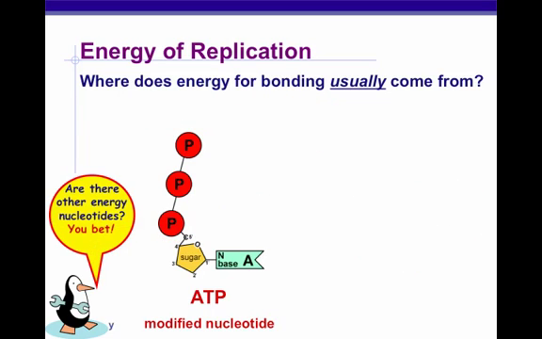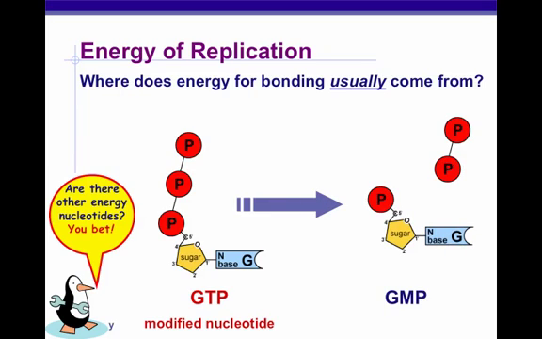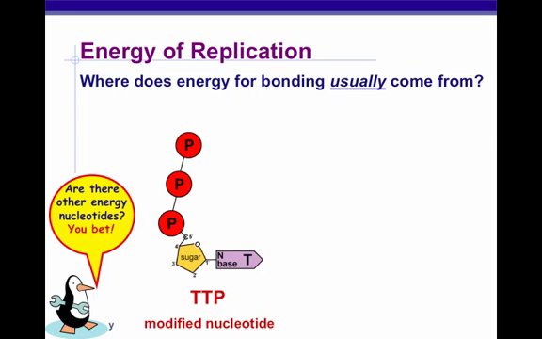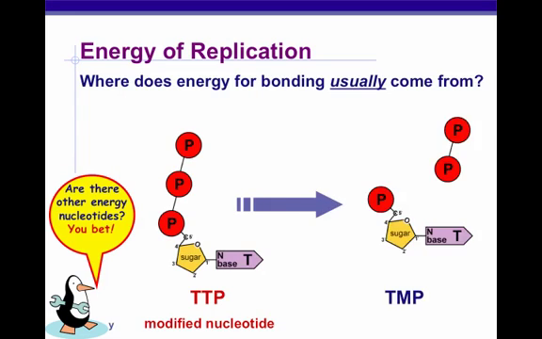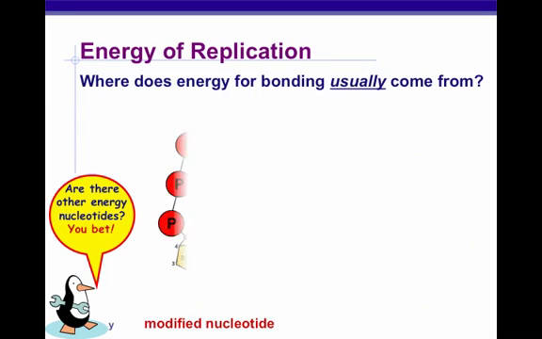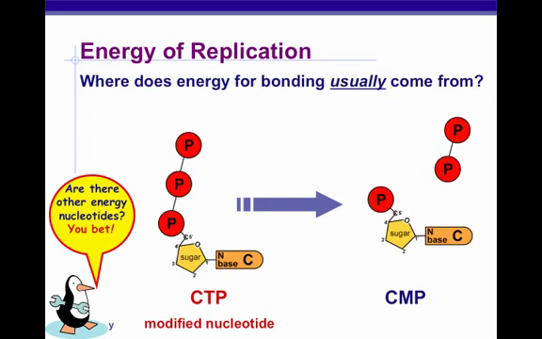So, does this mean that there are other energy nucleotides? Of course. Here's GTP, guanine triphosphate, which is converted into GMP, guanine monophosphate, and energy. The same goes for TTP, thymine triphosphate, and thymine monophosphate, and CTP, cytosine triphosphate, and cytosine monophosphate.